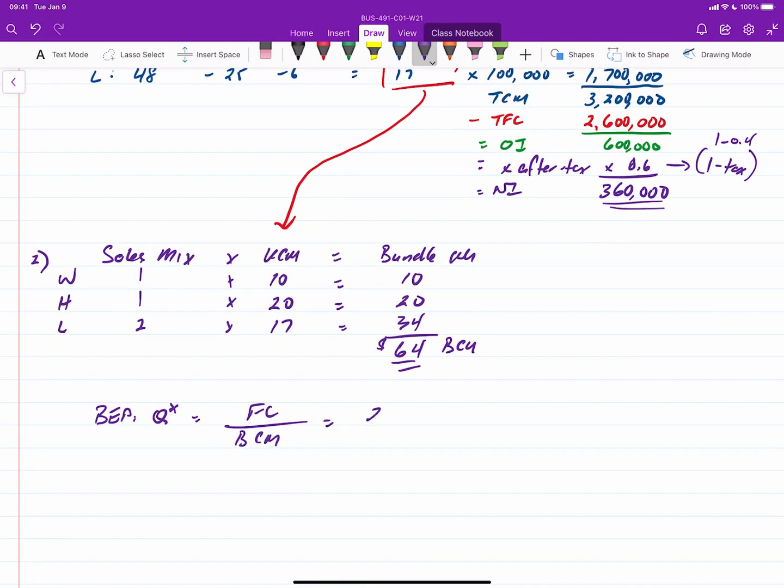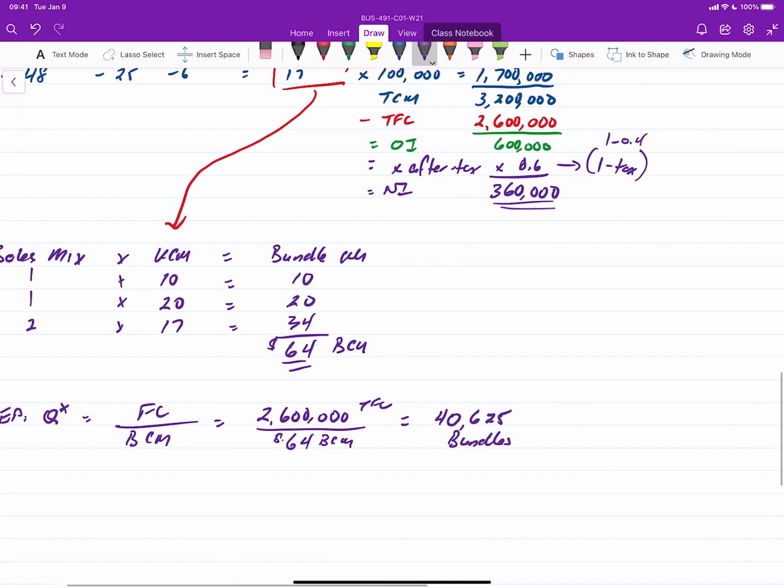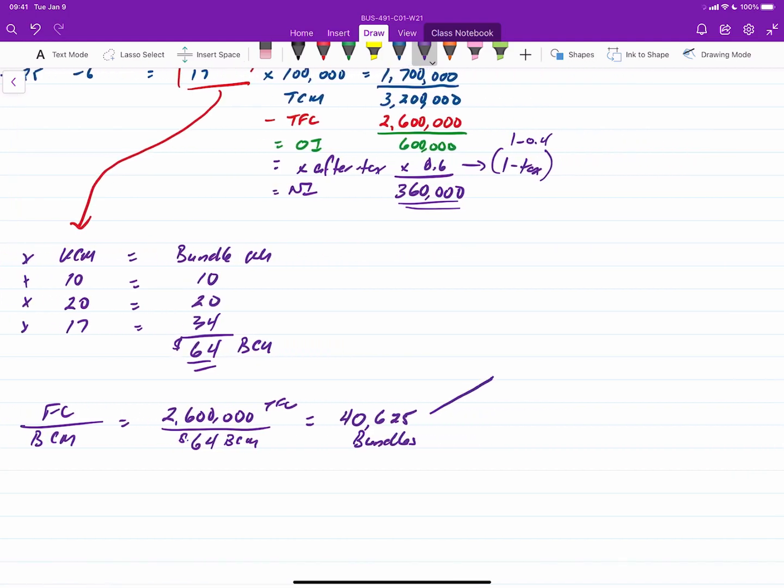We know that fixed costs are $2,600,000 and our bundle contribution margin is $64. So that gives us the number of bundles to break even to be 40,625 bundles. But remember, that's the total number of bundles, and so we need to break that out into each of the constituent products.